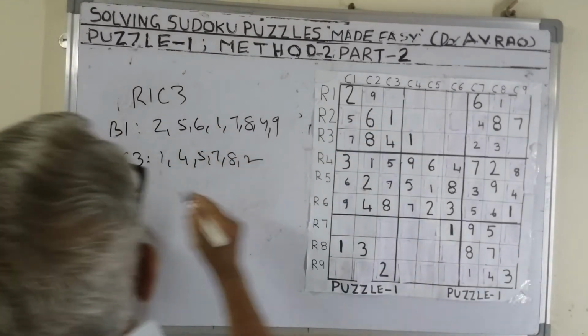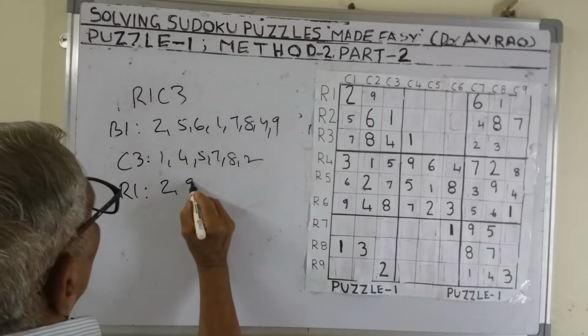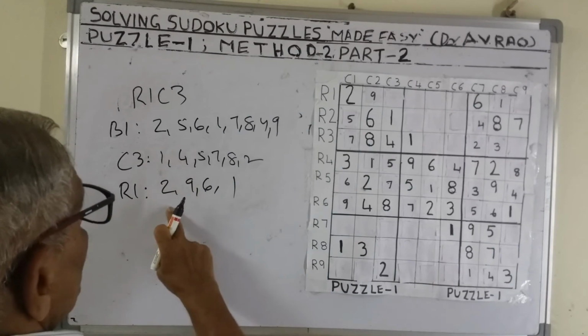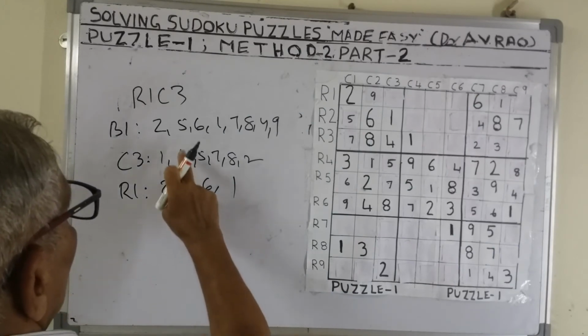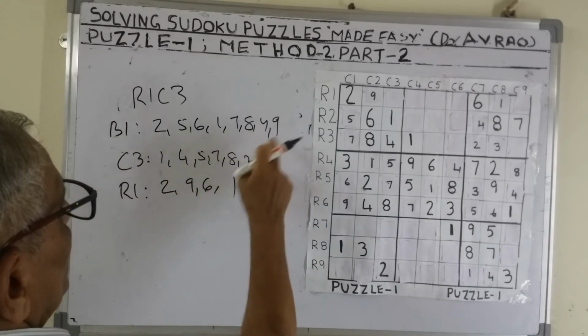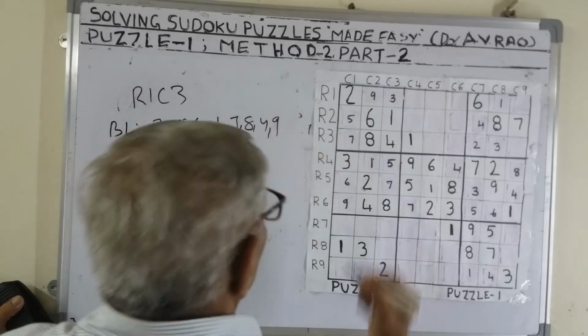Row R1: R1 is 2, 9, 6 and 1. 1, 2, 3 is the missing number. 4, 5, 6, 7, 8. Okay, 3 is the missing number. Let us write 3 here.